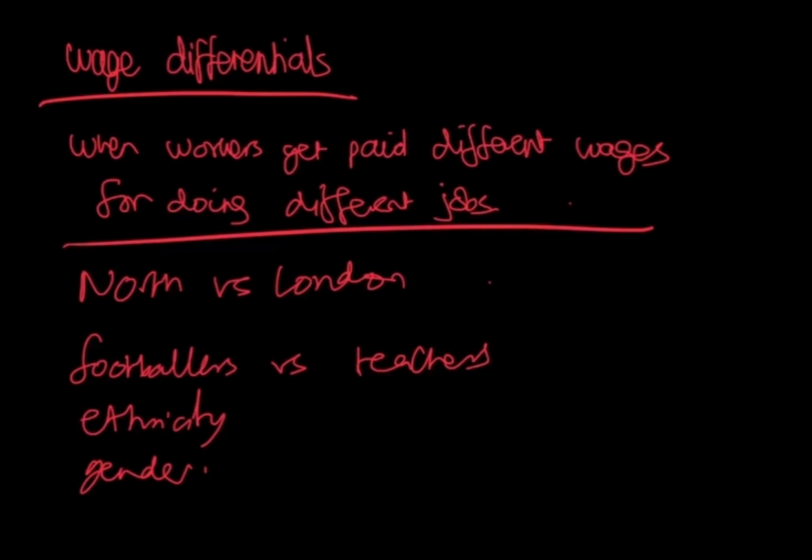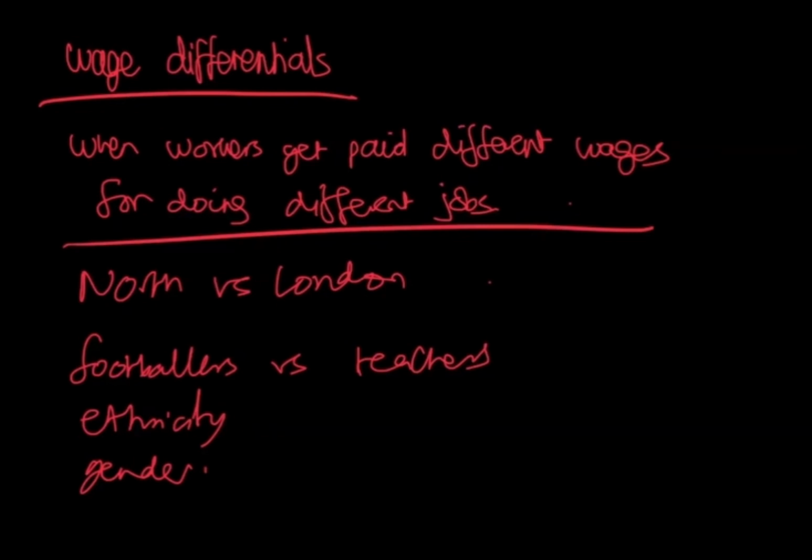Essay wise, we don't have to go into it too much. It's more of a common 15 marker or 10 marker. But just really quickly, what might be some reasons for any of these, if you know any of them? What could be the reason for some of these differentials?